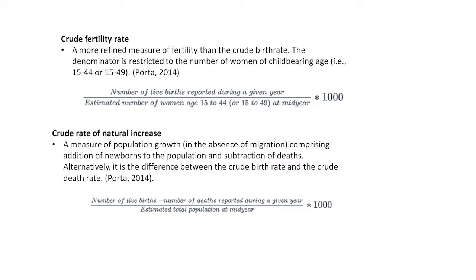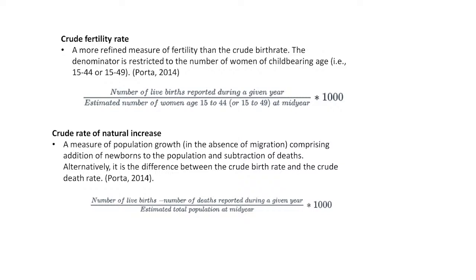Crude fertility rate. A more refined measure of fertility than the crude birth rate. The denominator is restricted to the number of women of childbearing age.